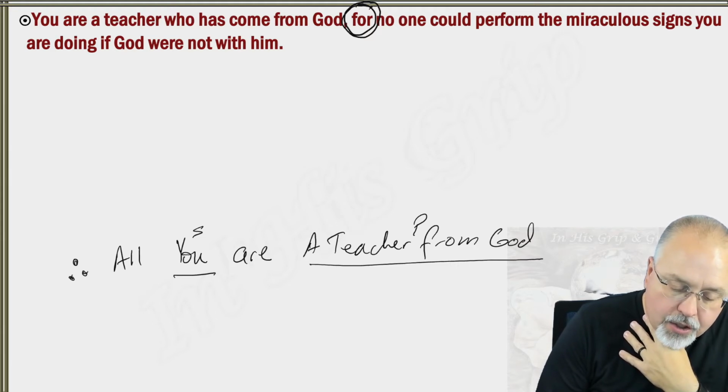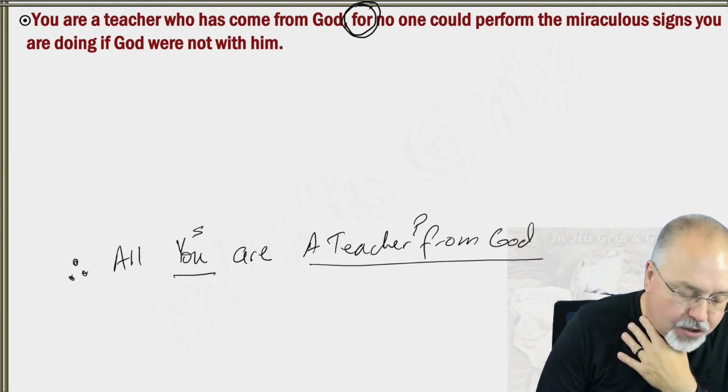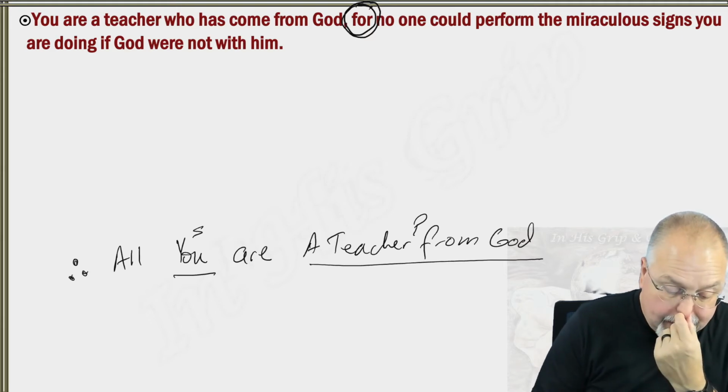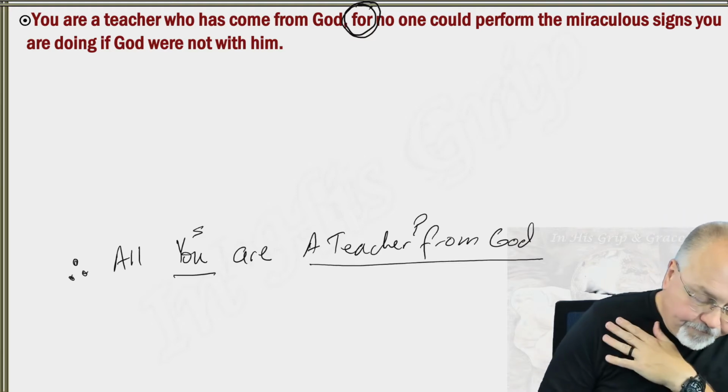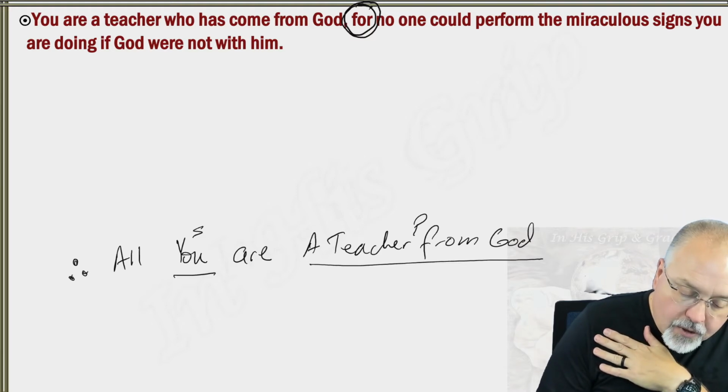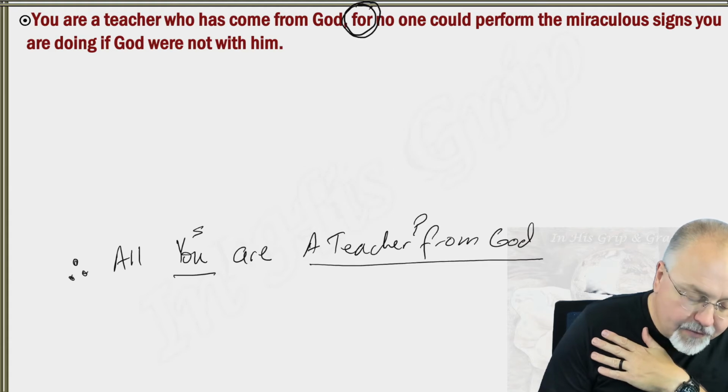No one could perform the miraculous signs you are doing if God were not with him. Okay? Let's see. Let's think about this. So this is a conditional statement. If God were not with him.